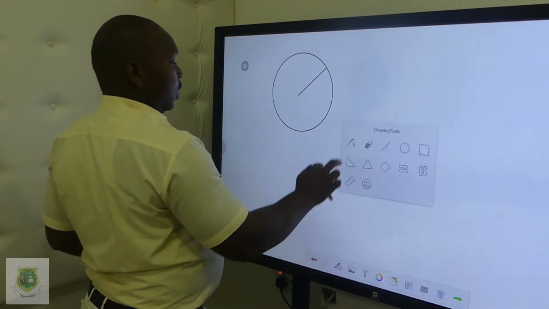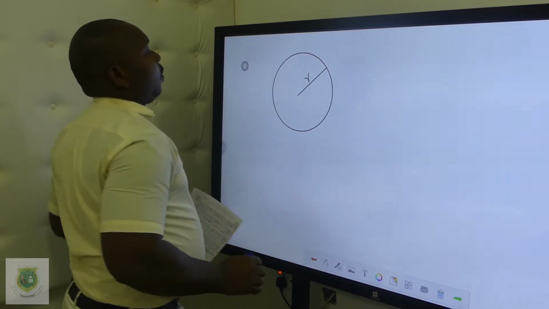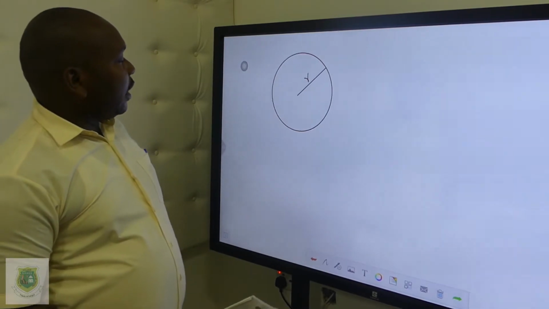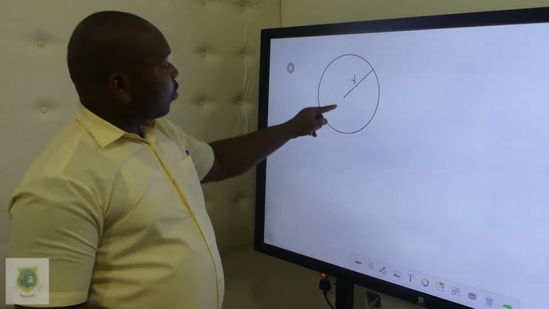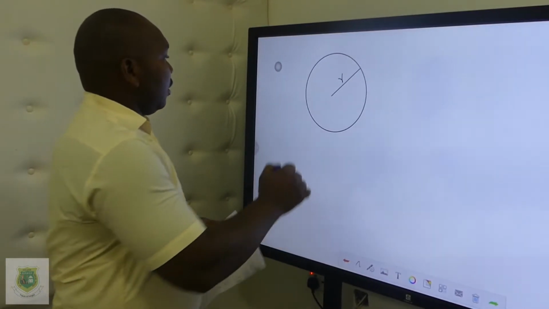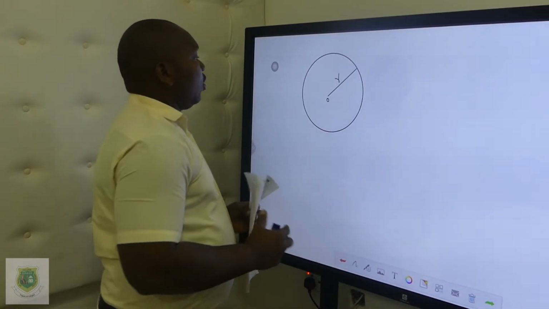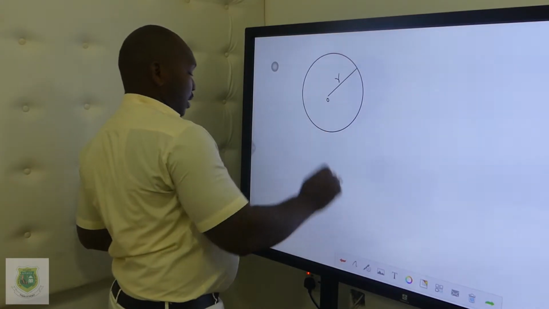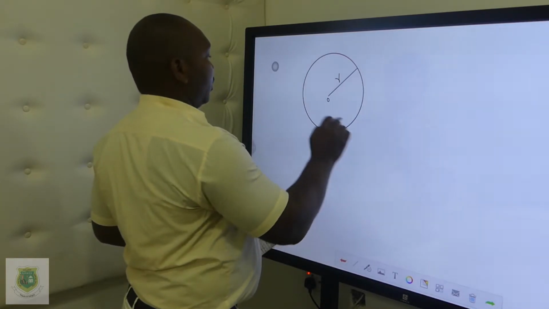A circle has a curved surface, and in a circle, the line that runs from the center O to any part of the circumference is what we call the radius.